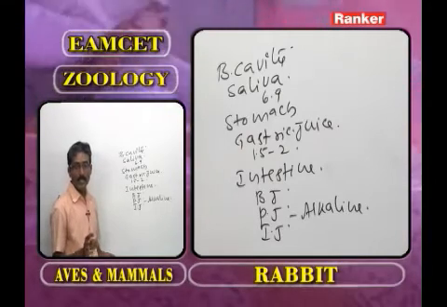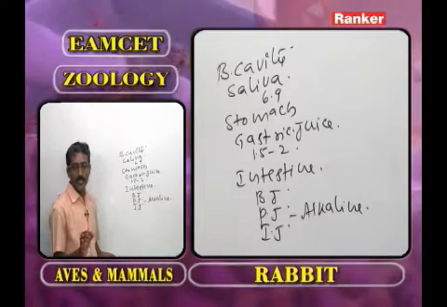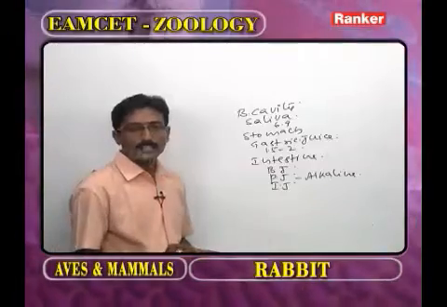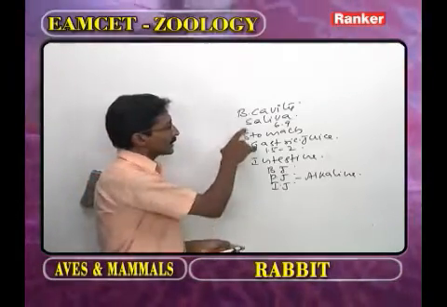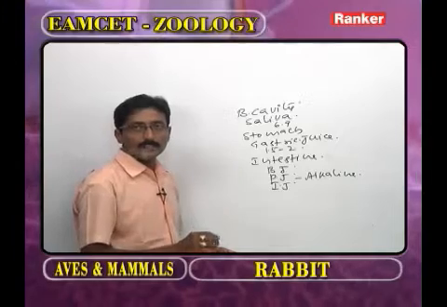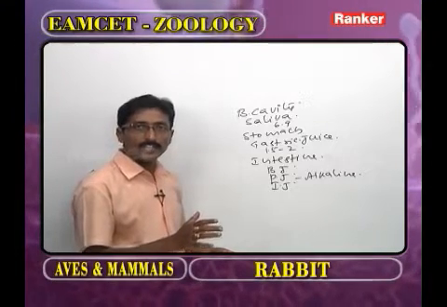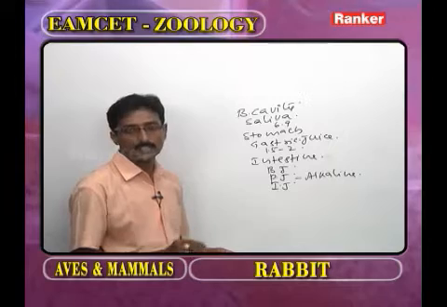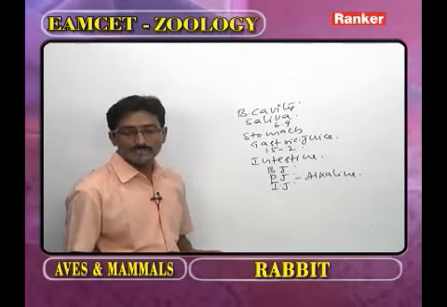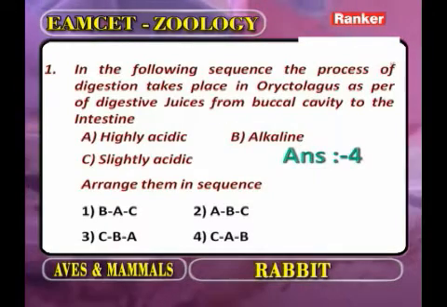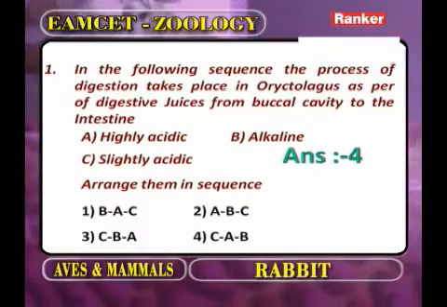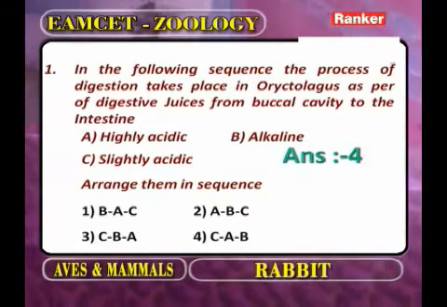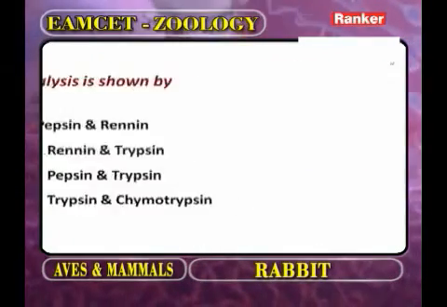Now arrange the digestive juices in the correct sequence: slightly acidic, highly acidic and alkaline. So the correct answer is slightly acidic, highly acidic and alkaline. Now we go for the next question.